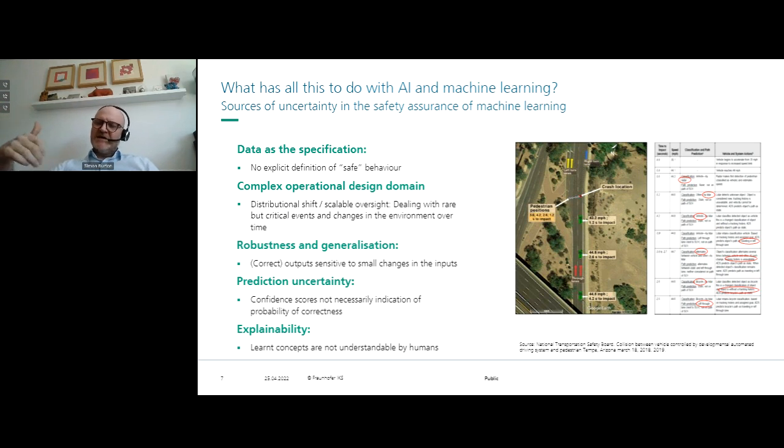And each time it reset the trajectory planning, and therefore basically forgot that the object was there and had to start again. The use of machine learning here was really, you can see how a lot of these problems can occur because on the one hand, in terms of this semantic gap, we don't have an explicit definition of what a safe behavior is. It's somehow hidden in the data.